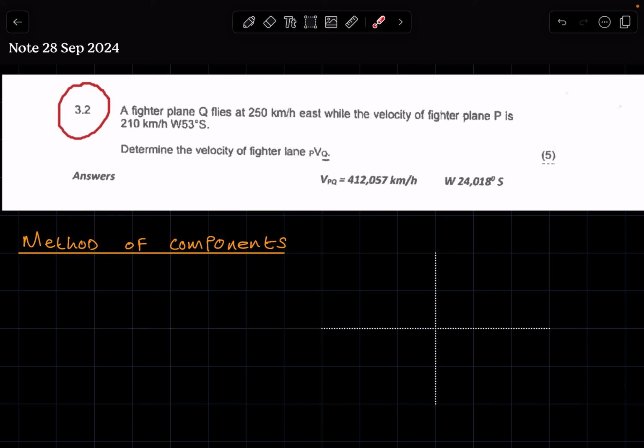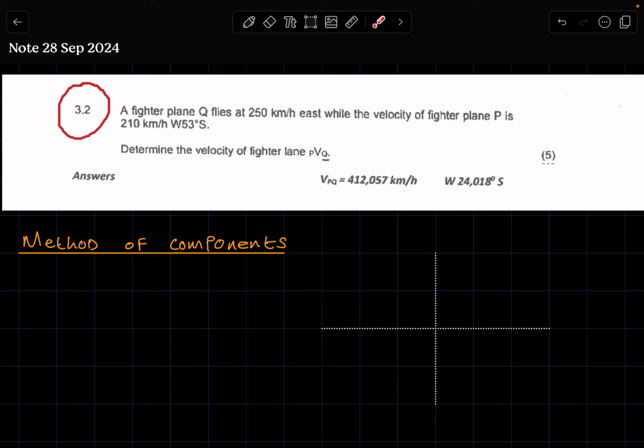Now, you are given two objects. For instance, if you look at this problem, it reads as follows. A fighter plane Q flies at 250 kilometers per hour east, while the velocity of fighter plane P is 210 kilometers per hour west, 53 degrees south.